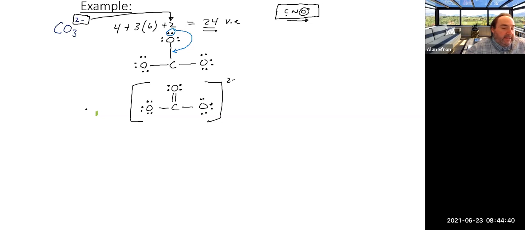Now, again, as I mentioned kind of earlier, you absolutely could have double bonded to the left. And if you double bonded to the left, it would look something like this. And obviously we would have our double bond over here.